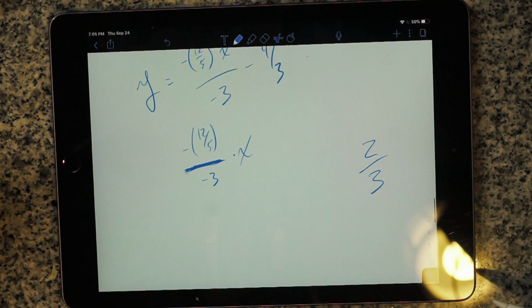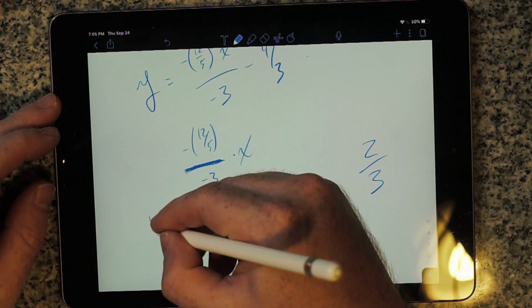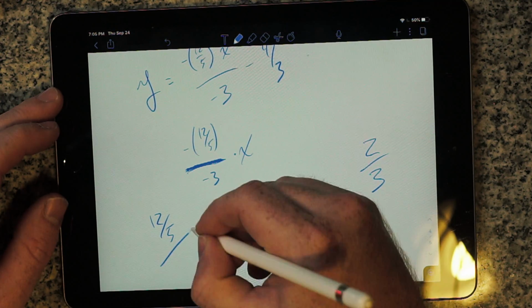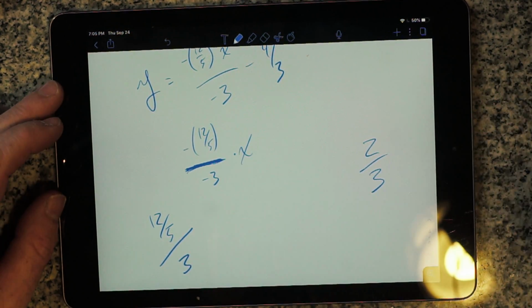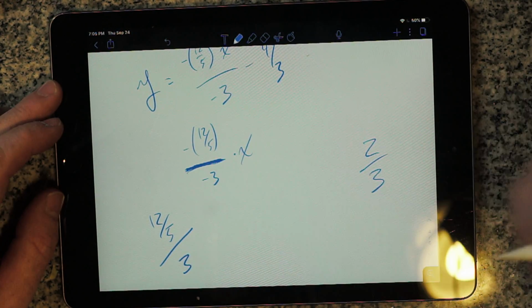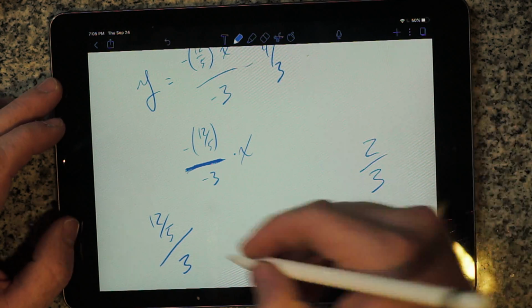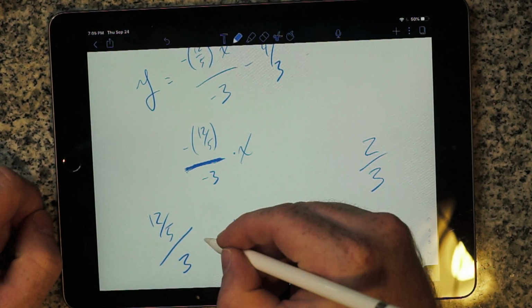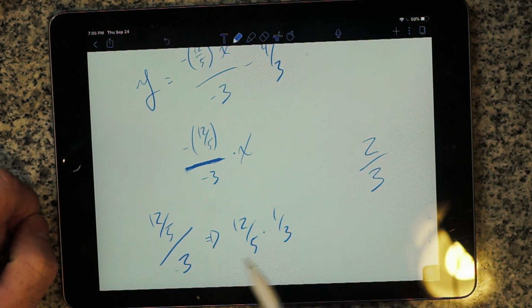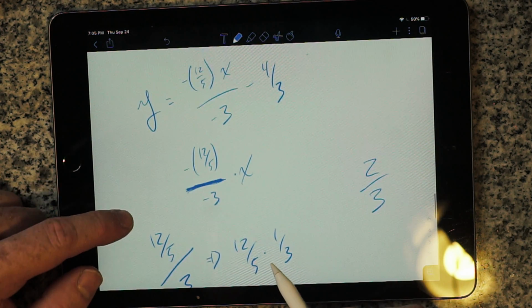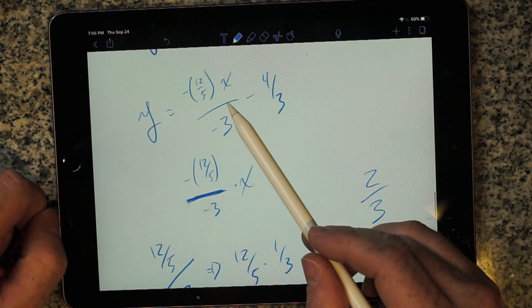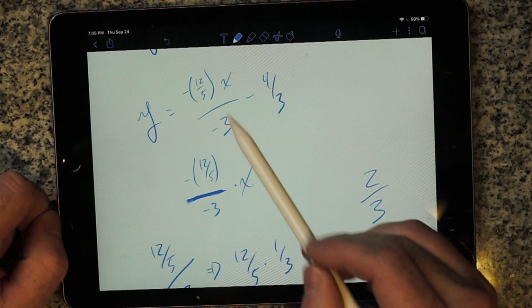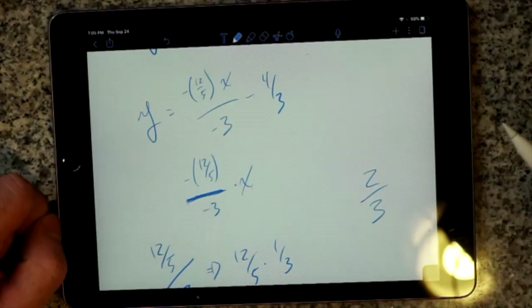So we can handle this in one of two ways. If we divide 12/5 by 3, that'd be the same as multiplying times the reciprocal, right? So we got 12/5 times 1/3. Do you see how going from here to here is much the same as pulling this x out of the numerator? Yeah.